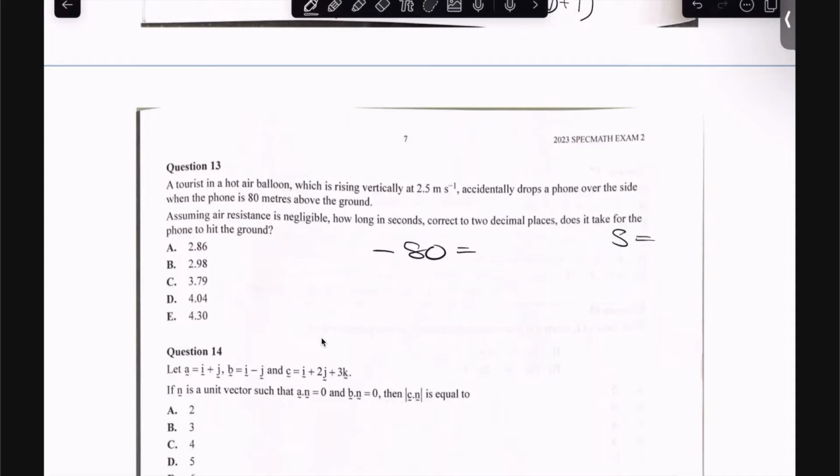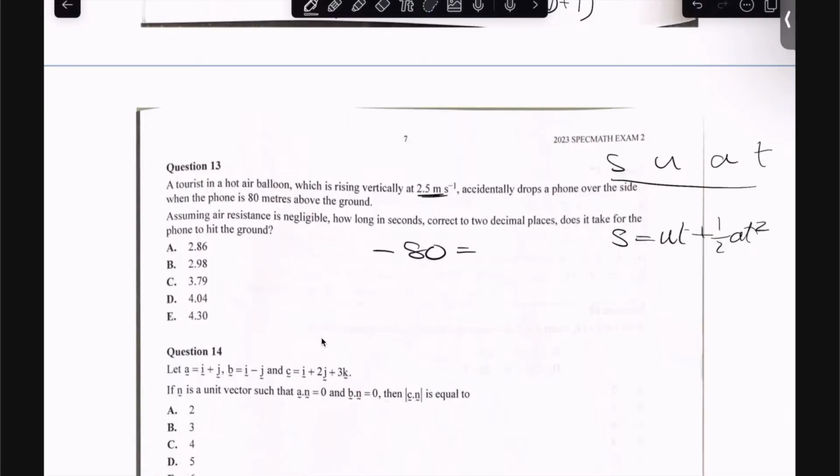We have the initial v, so we have u, we have s, and we also have a, which is just negative 9.8. And what do we want? We want t. So we want an equation with S, u, a, and t, something without velocity. So that would probably be s is ut plus 1/2 at squared.